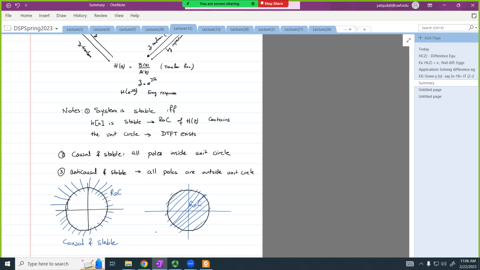It has to include the unit circle, so the only way is if it looks something like this. If the system is anti-causal, then the region of convergence is going to be to the inside, and the only way it can be to the inside and include the unit circle is if it looks something like this. Somewhere here is the smallest pole of the system. Does that make sense? Everybody?